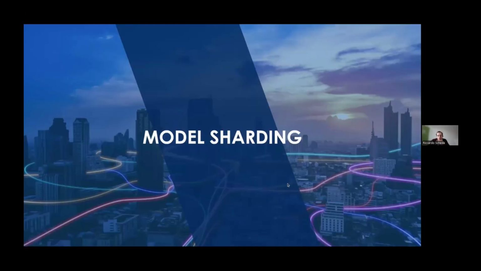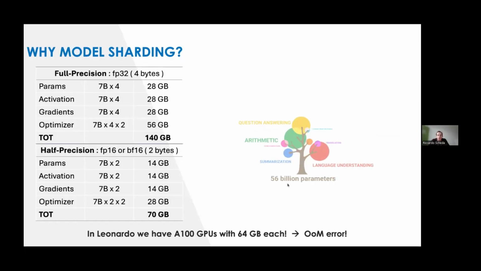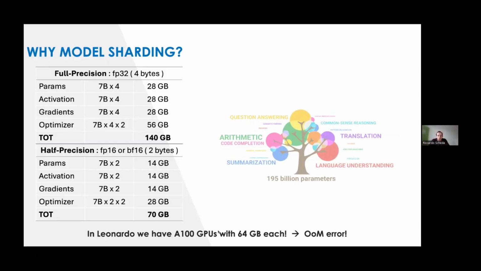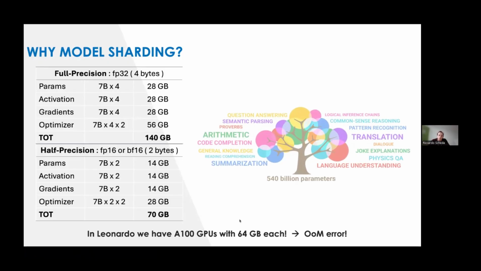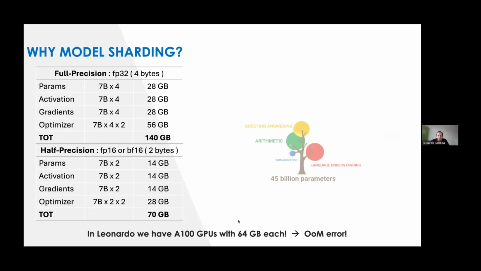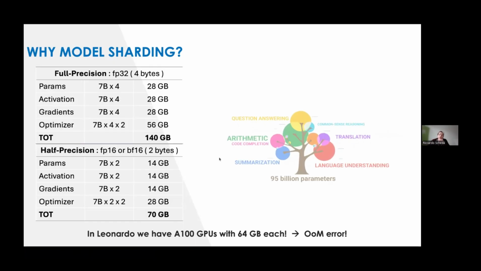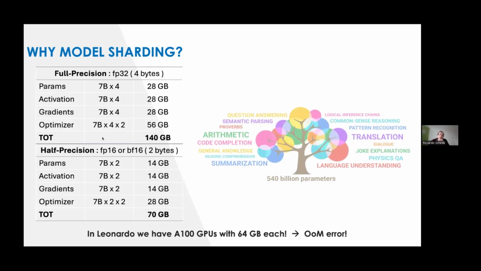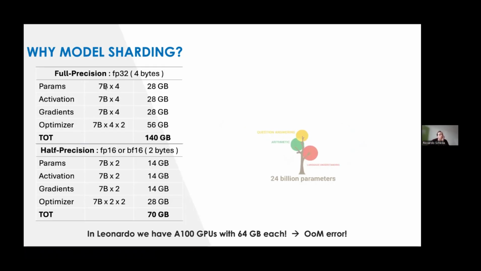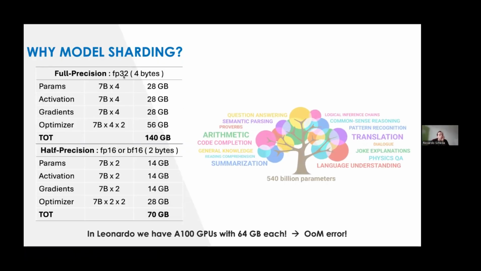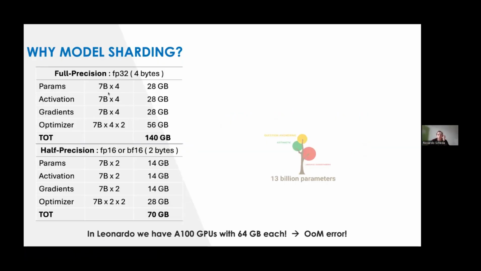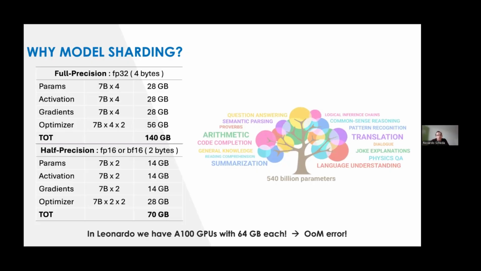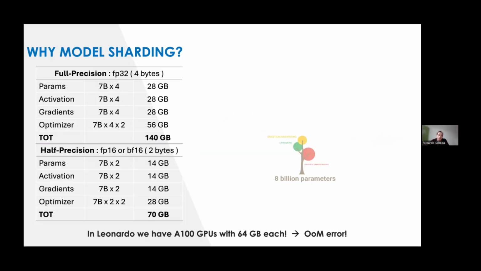Okay, so let's dive into the model sharding technique. On Leonardo, we have A100 GPUs, in a custom setting in which we have 64 gigabytes of memory. When we want to train a model, for example a 7 billion parameter model on Leonardo in full precision, so in FP32, we have some problems because we have to put in memory all of the parameters, the activations, the gradients, and also the optimizer.